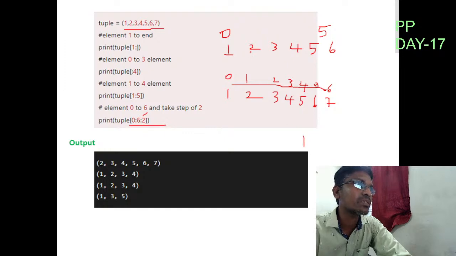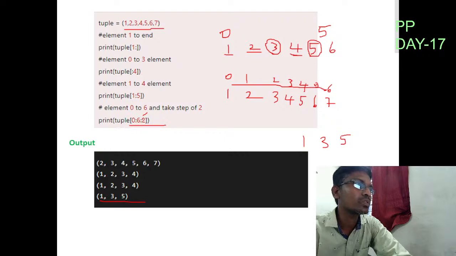So it will leave the next value and go on to print the next value, that is the second step. So it will print 3, leave the next value, and print the next value, that is 5. That is the output for the last line, 0 colon 6 colon 2. So the output is 1, 3 and 5 only.